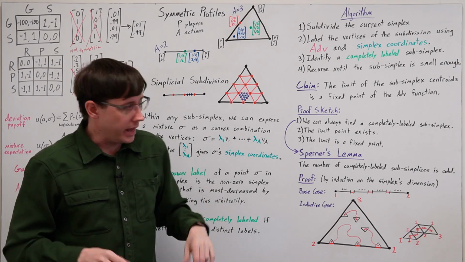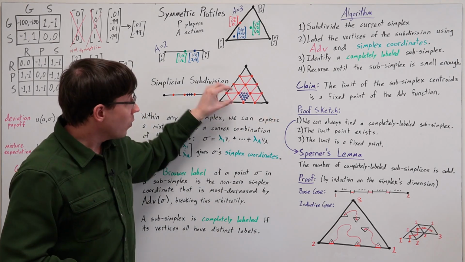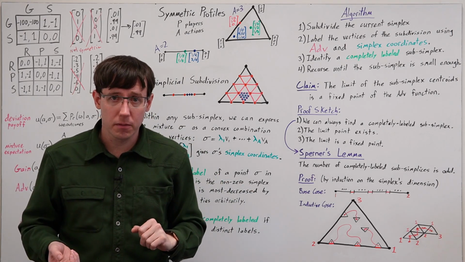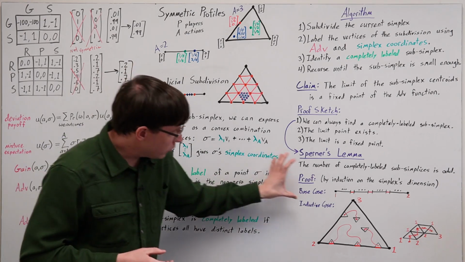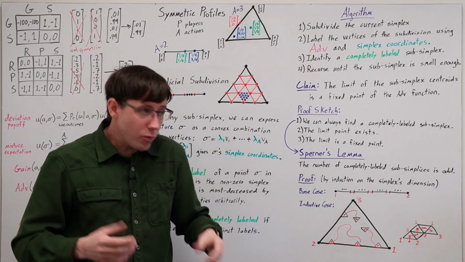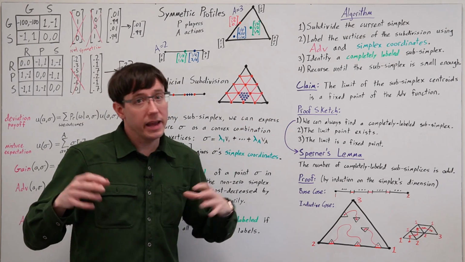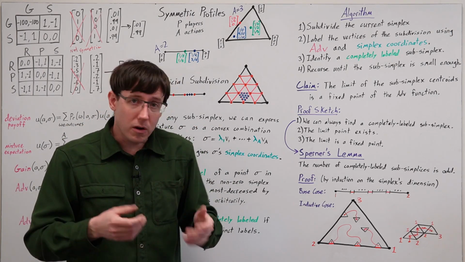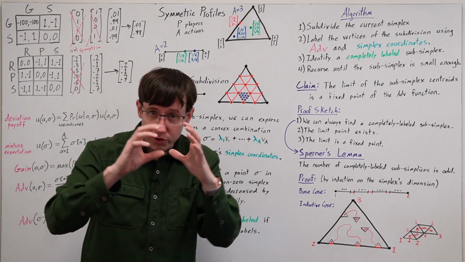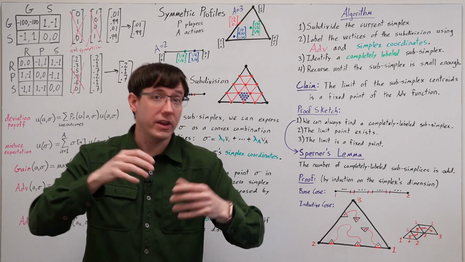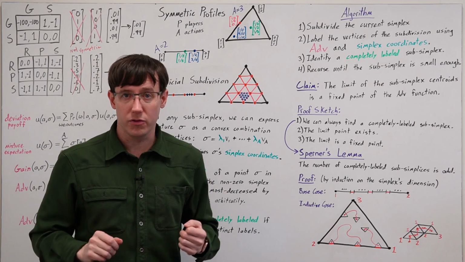So to prove this claim, we would need to show that we can always find a completely labeled subsimplex. And that's where Sperner's lemma comes in, so we'll come back to that. But if we can always find a completely labeled subsimplex to zoom in on, then we need to argue that this process approaches some limit, and that limit is a fixed point of the advantage function.